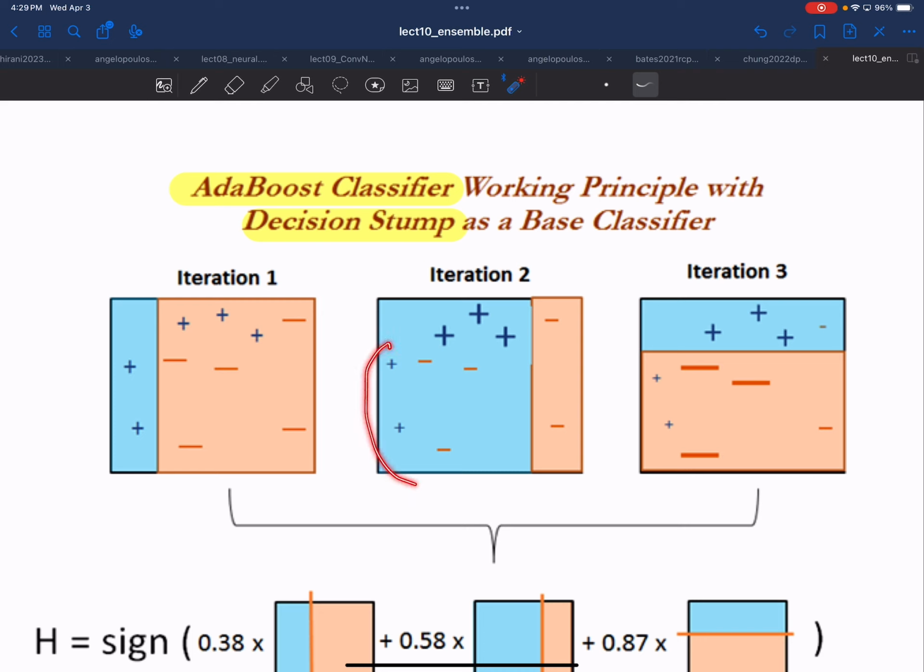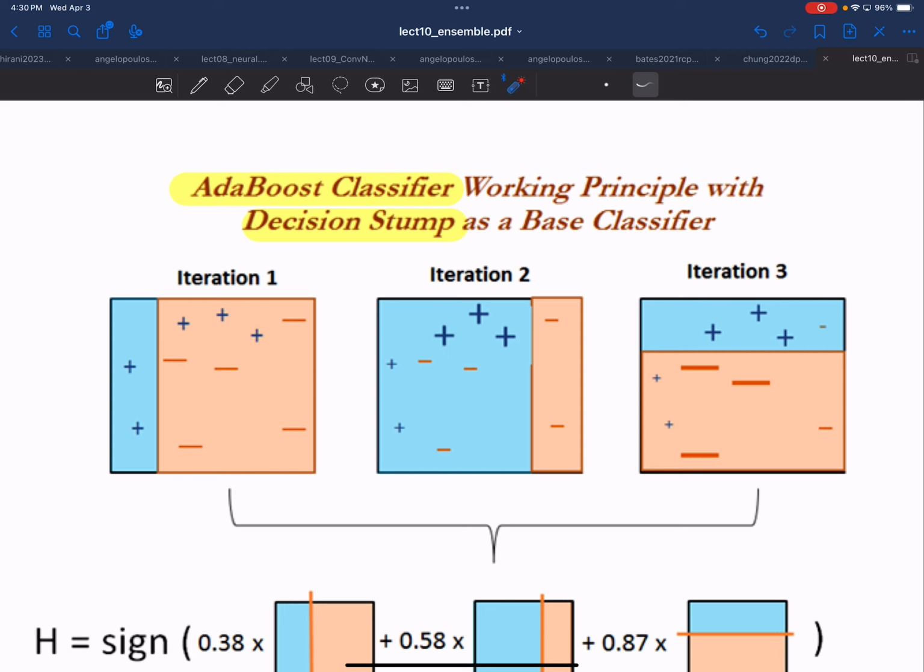That is represented by the fact that these things got smaller in size and font size. However, these guys, since we made an error on them, we're going to up their weights. That means next time at this iteration, we're going to pay special attention to those samples, to make sure we don't mess up on those.